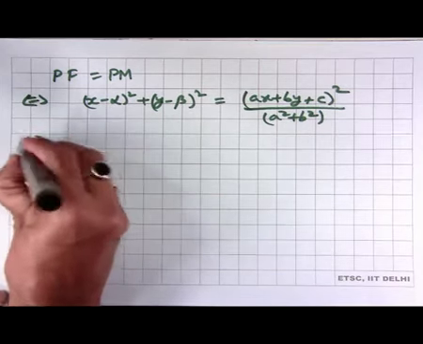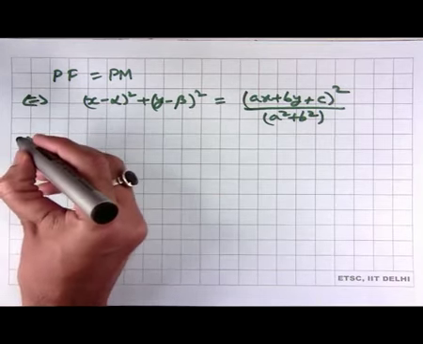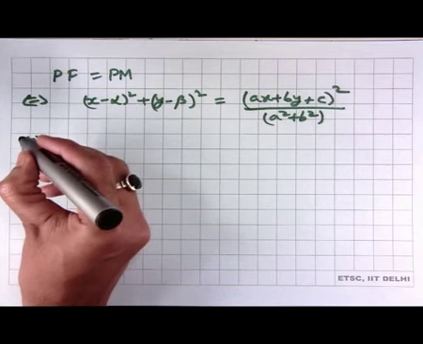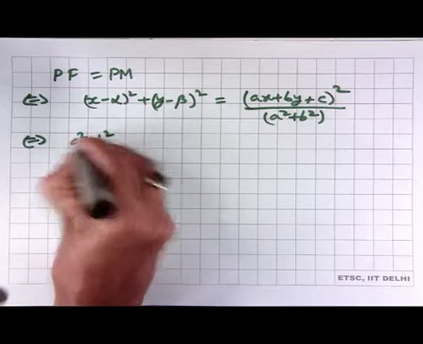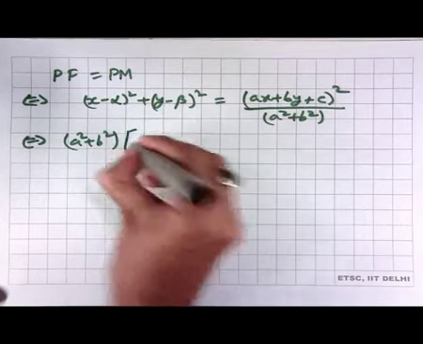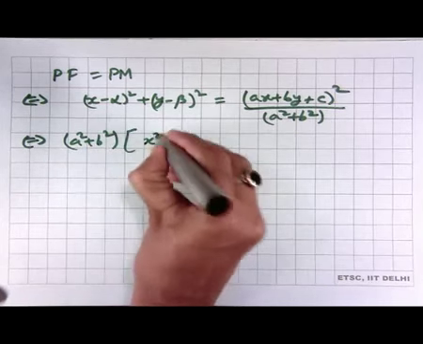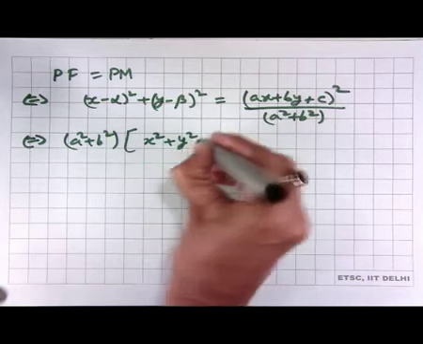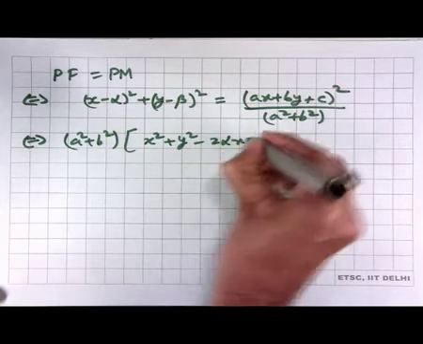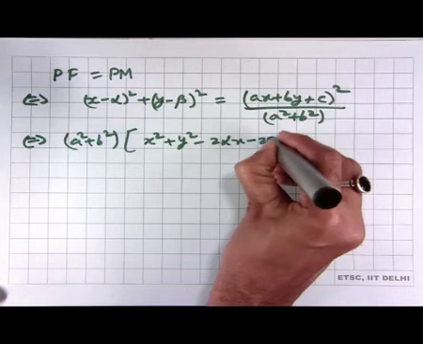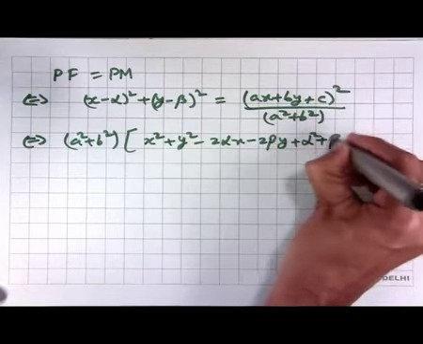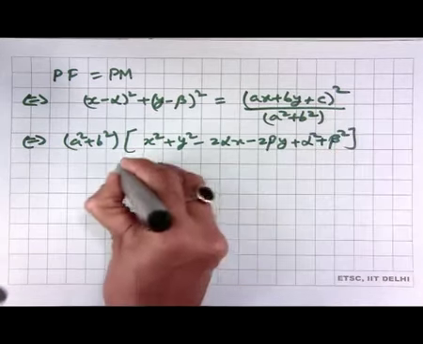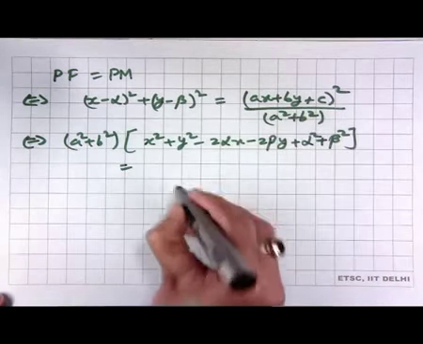This can be written as (a square plus b square) times (x square plus y square minus 2 alpha x minus 2 beta y plus alpha square plus beta square) equal to (a x plus b y plus c) whole square.